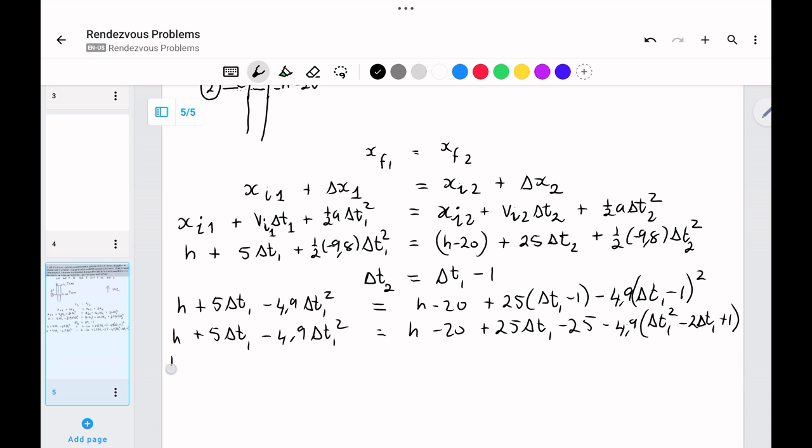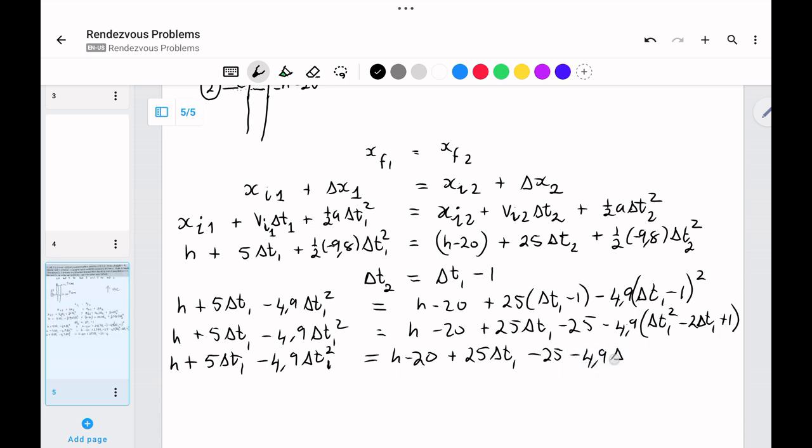And now I'm going to rewrite the left hand side again. Honestly, I could have dropped the h a lot earlier. Okay, so now I'm going to distribute the 4.9 into the bracket.